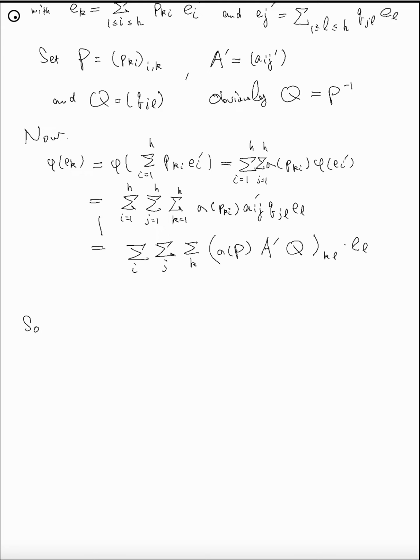Sorry, so there is no longer i, just a double sum over k and l.